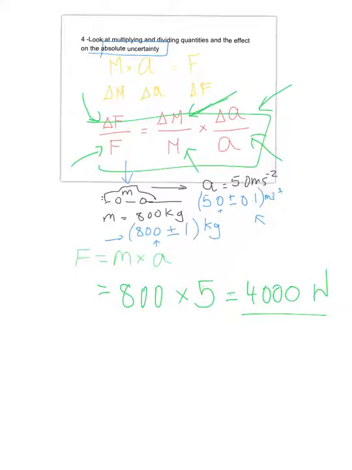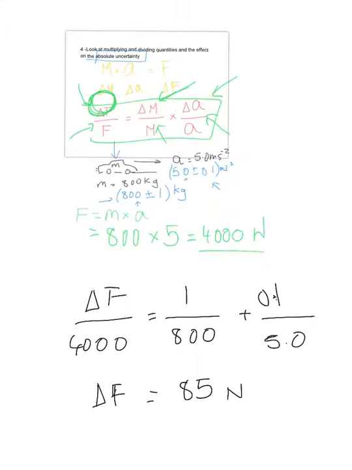Okay, so now what we're going to do is substitute all those values into the equation and solve for the absolute uncertainty in F. Try doing that yourselves and see if you get the same answer as me.